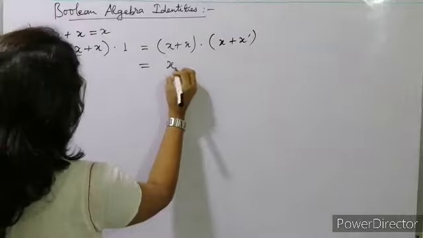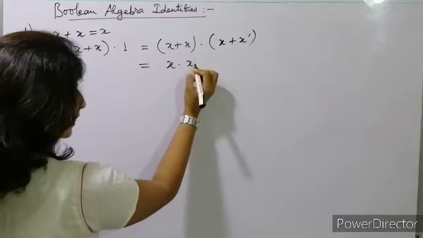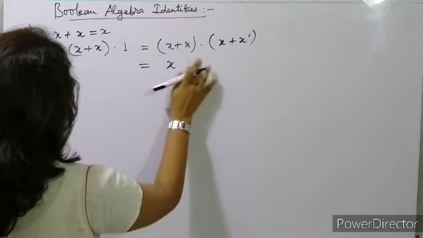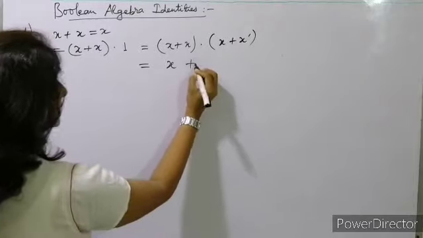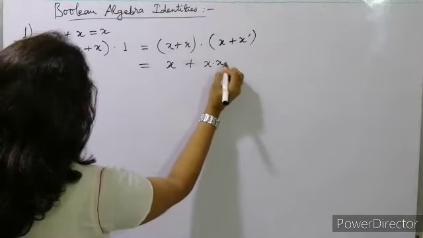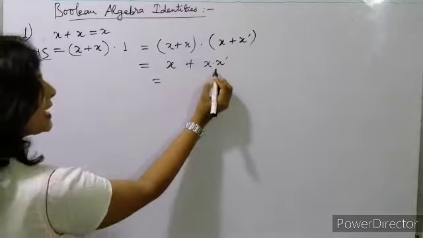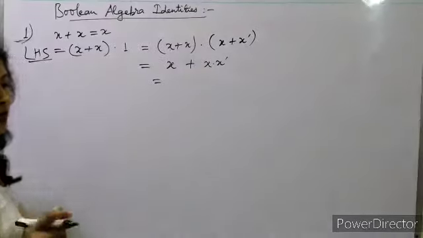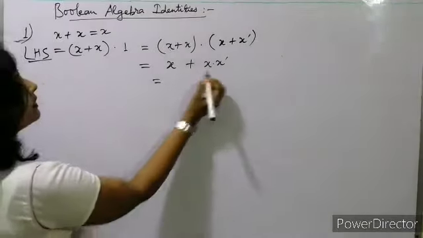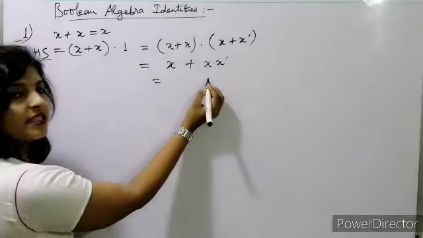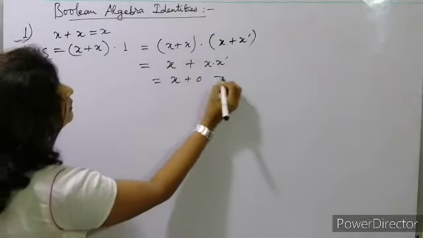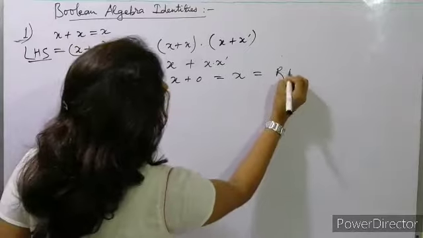So it will be x into x, that is x, actually x into x we can write as x directly, x into x bar. So as we know, x into x bar by postulate 5 will be equal to 0. Okay, so x plus 0 is equal to x, that is RHS.